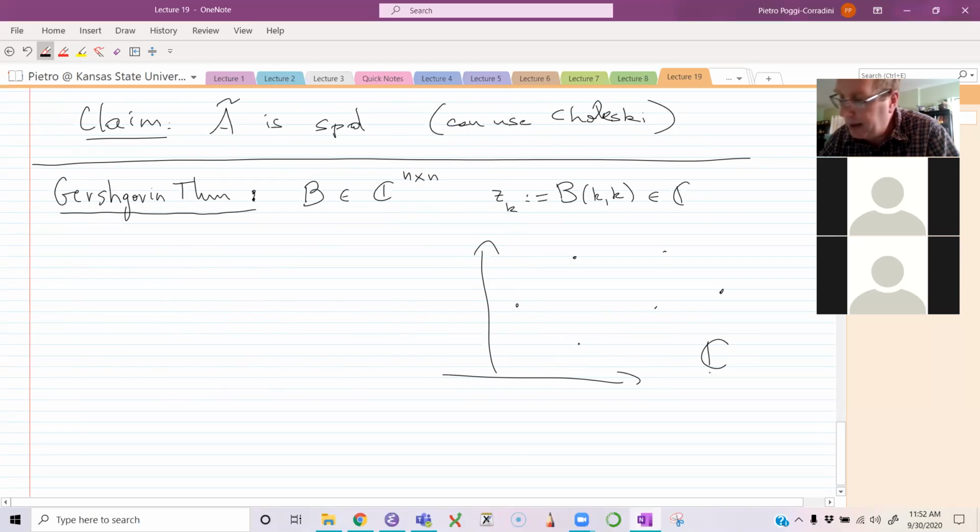And then for k equal 1 to n, you set R_k, a radius, equal to the sum of the entries in the row k of the matrix. So the off-diagonal terms in the row.